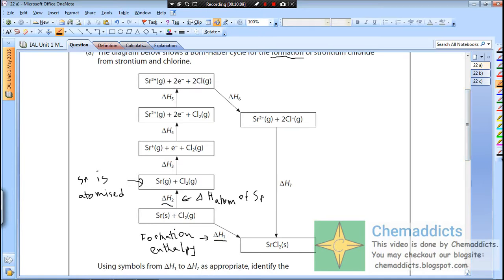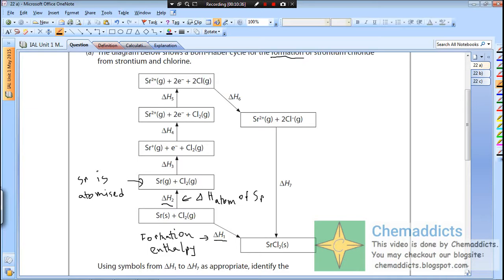So let us move on to del H3. So what is del H3? Let us see. If we compare this with this, the chlorine is unchanged over here. The only change here is strontium. So the gaseous strontium atom here is ionized. How can we be sure that strontium has been ionized?